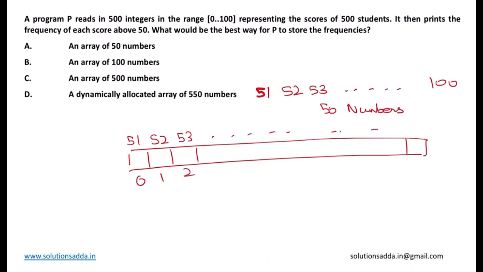So in this way, the 49th index will store the frequency of marks 100. Therefore, the best way to store the frequencies is to take an array of 50 numbers. That would be sufficient. Hence, option A is the correct answer.